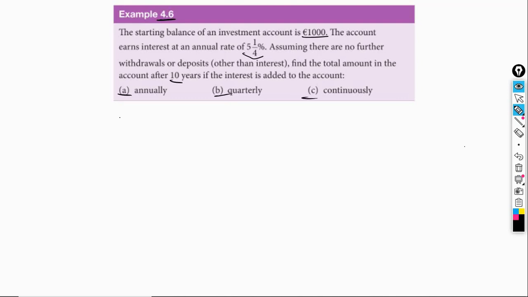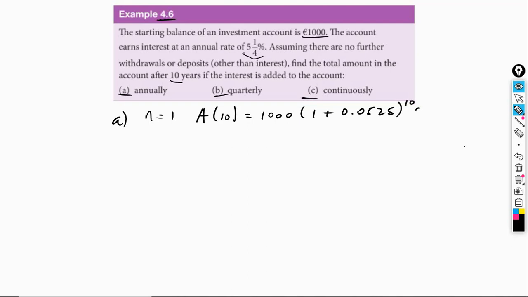So annually, that's going to be the case where n equals 1. And then we're going to say that A of 10 is equal to 1,000 times 1 plus 0.0525, and this to the power of 10.